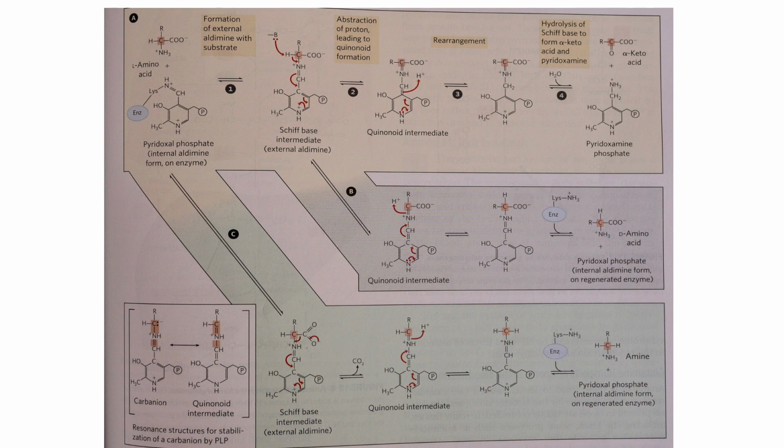The amino group is broken off. This is hydrolyzed, and pyridoxal phosphate is released. So this is the means by which you can transform amino acids into entities that can enter the citric acid cycle here.